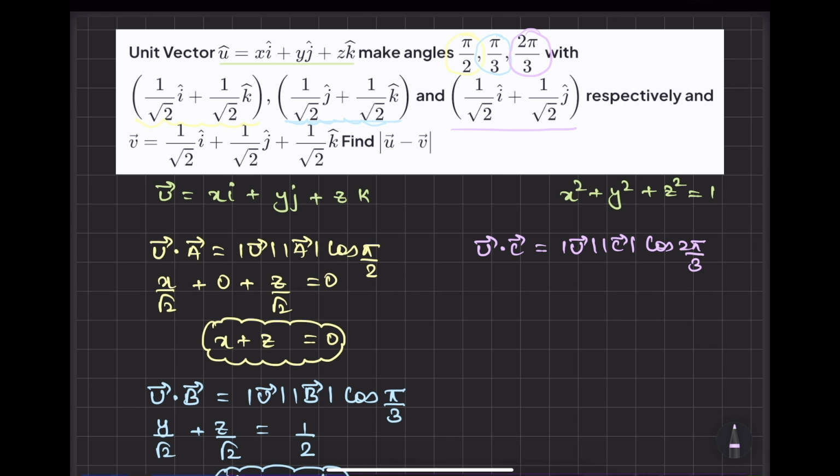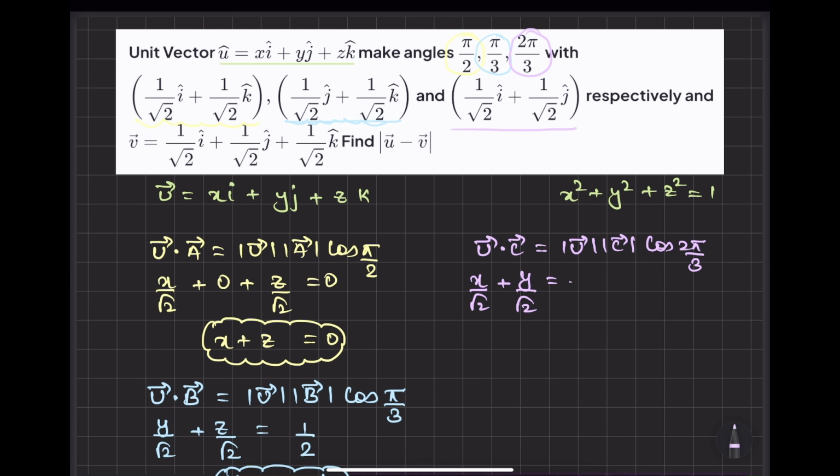Okay, so now you know that you will go with i with i, j with j, k with k. So can I write x by root 2 plus y by root 2 equals, now here you will be having 1 and mod c is also 1. 1 by 2 plus 1 by 2 is 1. So root 1 is 1. And this is cos 120 degree, means cos 180 minus 60, means no change.